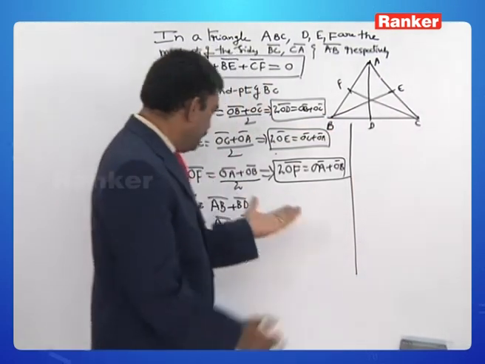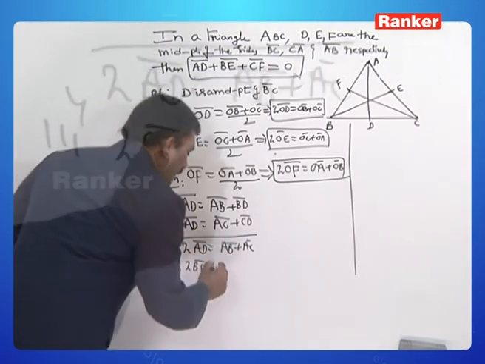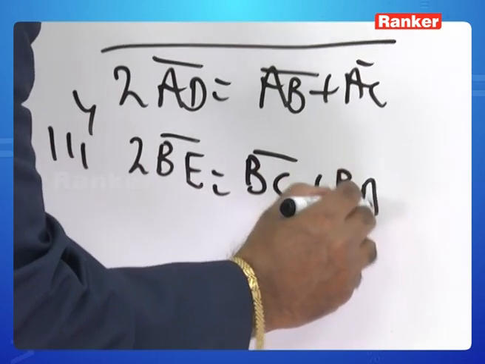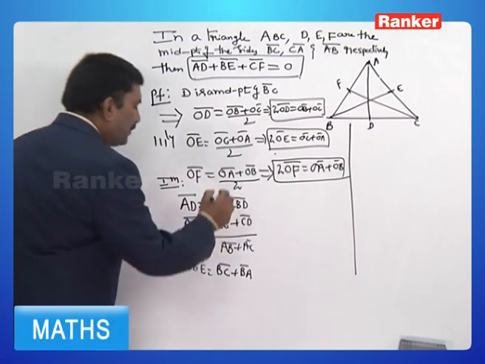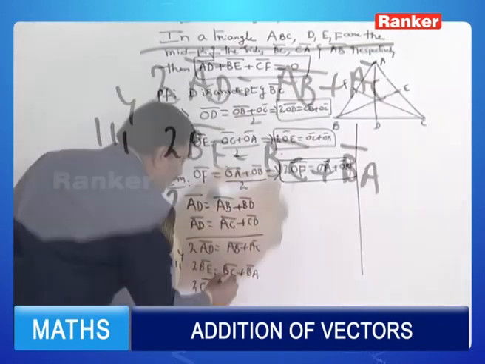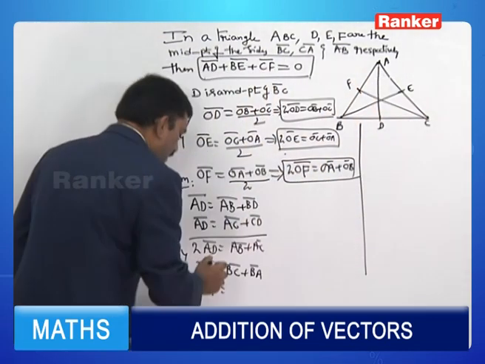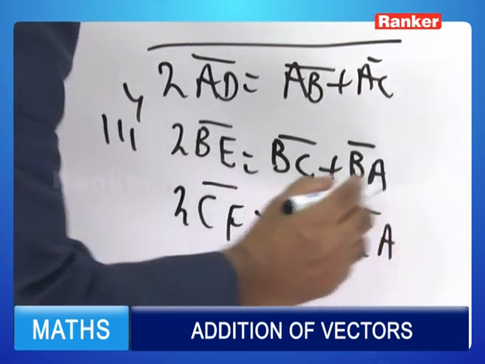How, sir? By using the same proof only. Now, I can also write 2 into CF bar, from C it starts, CB bar plus CA bar.